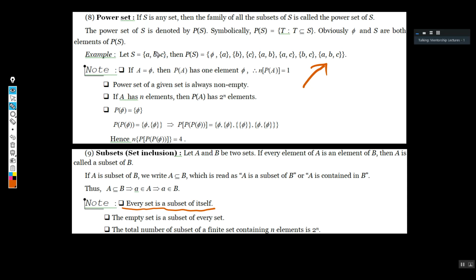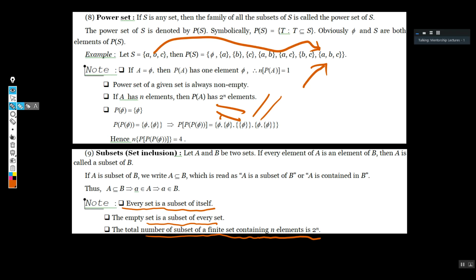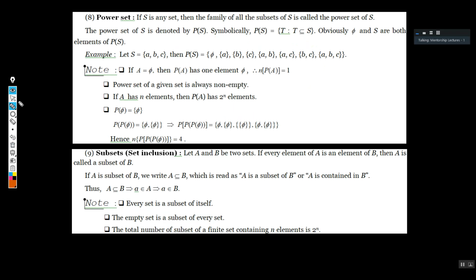What is the set given? ABC. Check it out. S is ABC and this ABC again is a subset. So every set is a subset to itself. The empty set is a subset of every set. That's what I said. The total number of subsets of a finite set containing n elements is 2 power n. He repeated this because they are important. You have to remember.